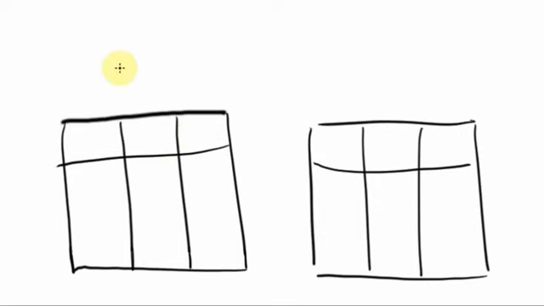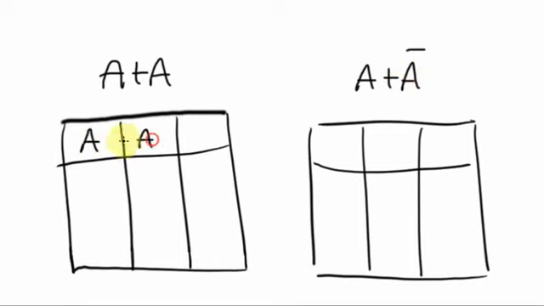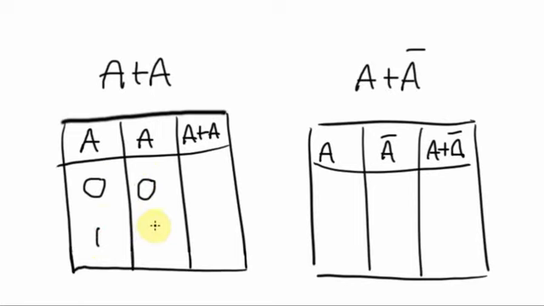Right, next then, let's have a look at A or A, and A or not A. So here we go again, A or A, not A or not A. So values can only be 0 and 1.